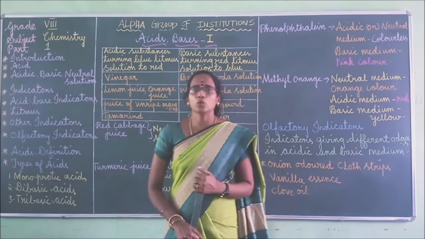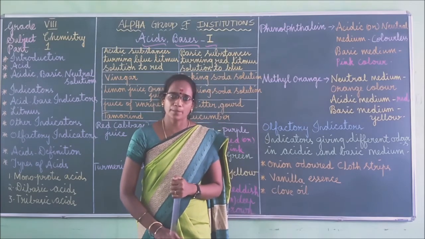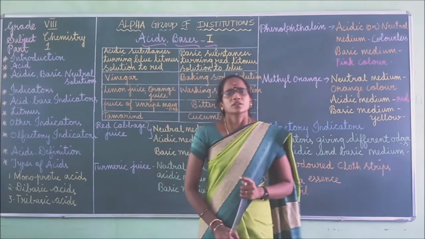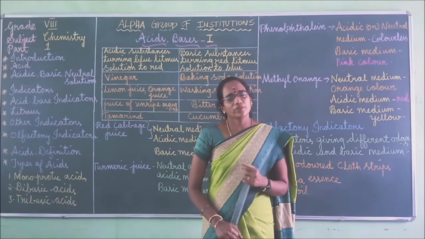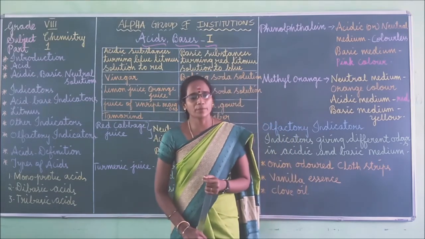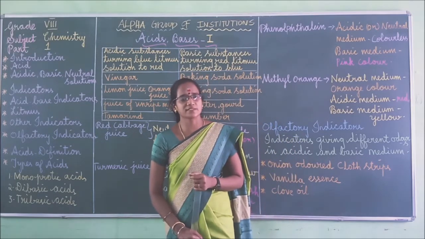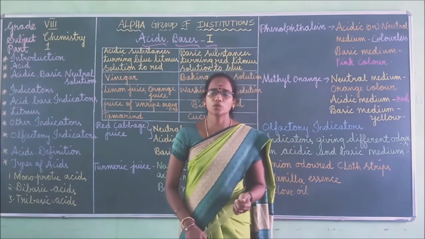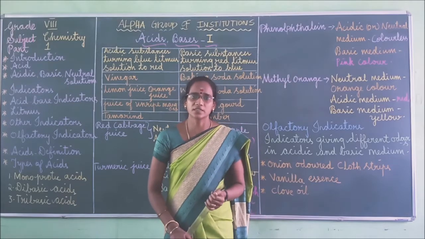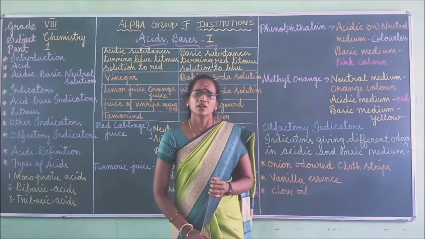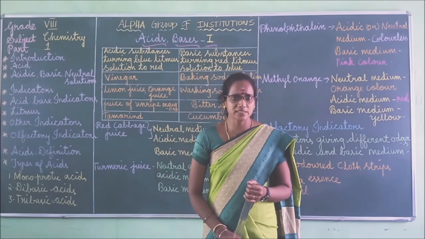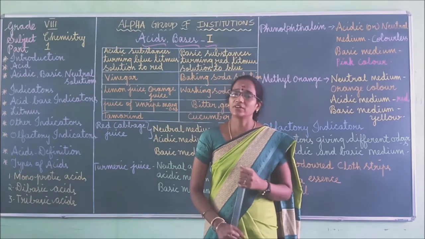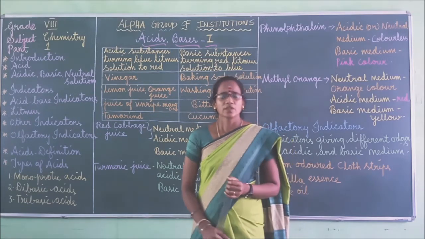So first we can move to the introduction part. In our day-to-day life, we use a large number of edible substances such as lemon, salt, sugar, tamarind, curd, etc. Do they have the same taste? No, they have different taste.